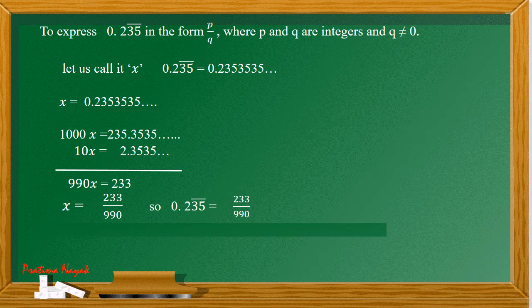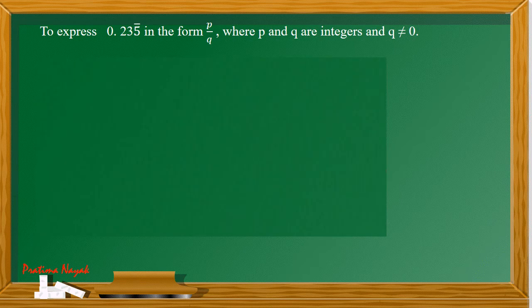Next, here there is a bar on 1 only. Now I hope you have developed a thinking on how to do it. So there are 3 digits after the decimal, so I'll multiply by 1000. Next, the recurring starts after 2 places, so I multiply by 100.